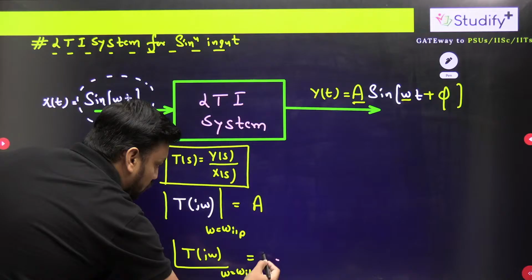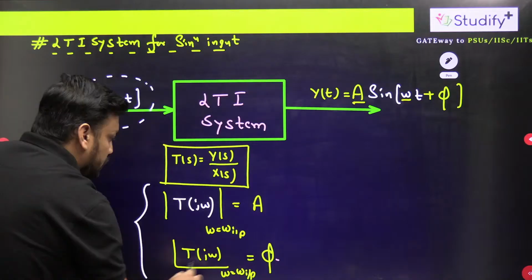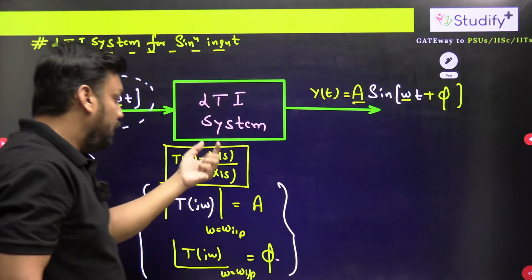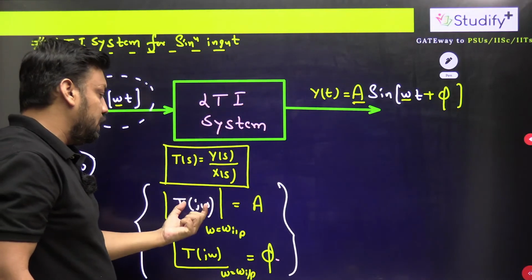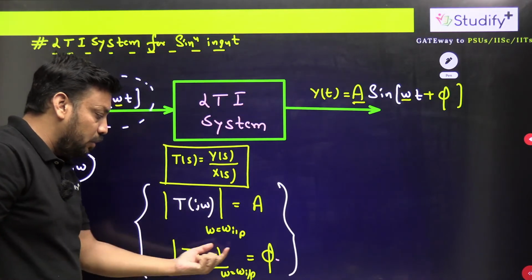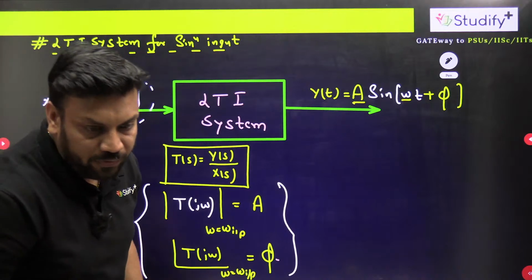Angle phi. Yes sir. So the amplitude and phase phi that came in addition in the output, you can find using the transfer function: the magnitude gives A, and the angle of the transfer function at omega input gives phi.